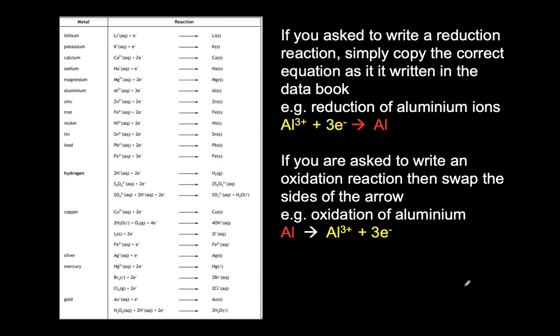Now, if you are asked to write an oxidation reaction, then you swap the sides of the arrow around. So instead of writing from left to right, you go from right to left. You write aluminium gives aluminium 3+ plus 3 electrons.